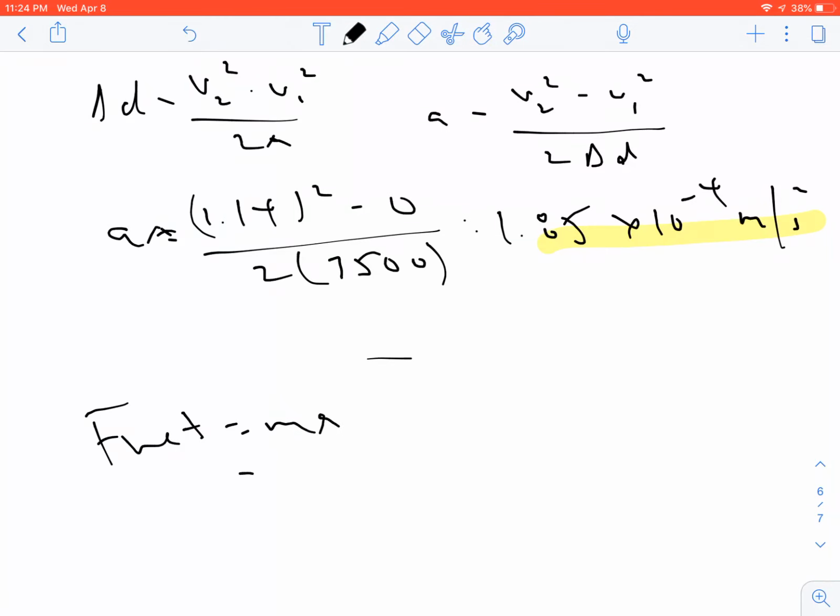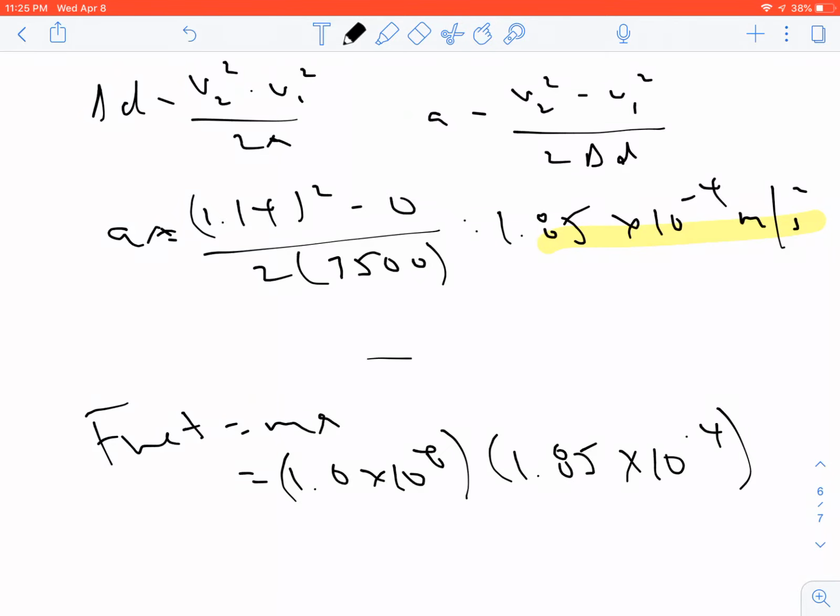ma, which equals 1.0 times 10 to the 8th kilograms, times my 1.85 times 10 to the negative 4 meters per second squared. And I'm going to get 1.9 times 10 to the power of 4.